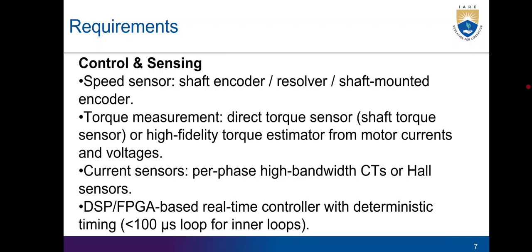Current sensors for phase current: high bandwidth CT or Hall sensors. DSP or FPGA based real-time control with deterministic timing and a 100 microsecond loop for the inner loops.